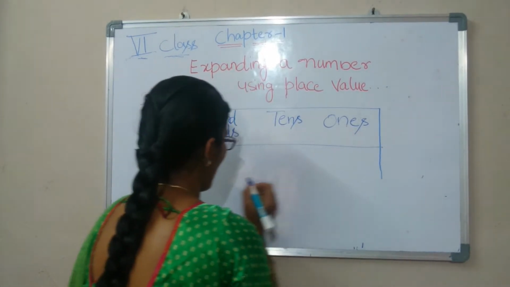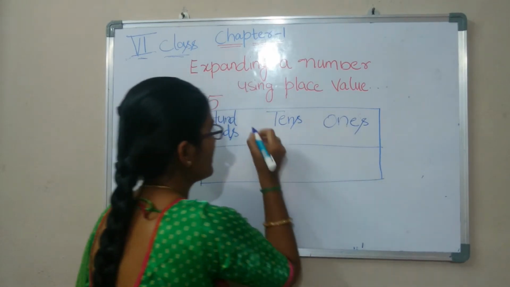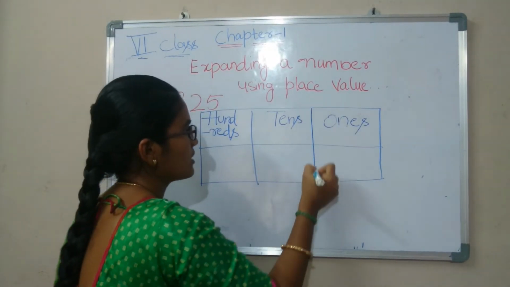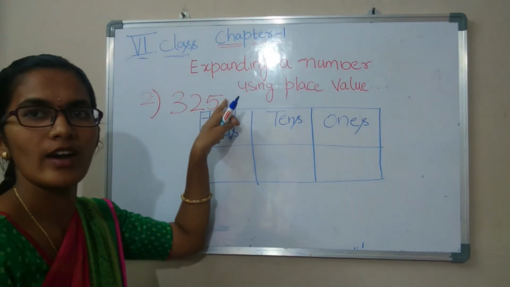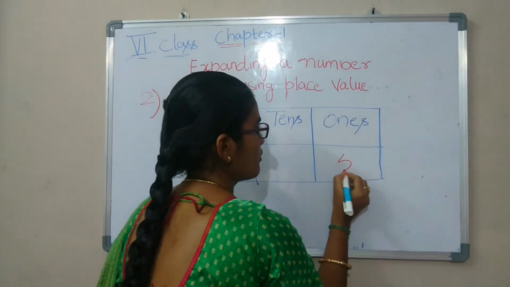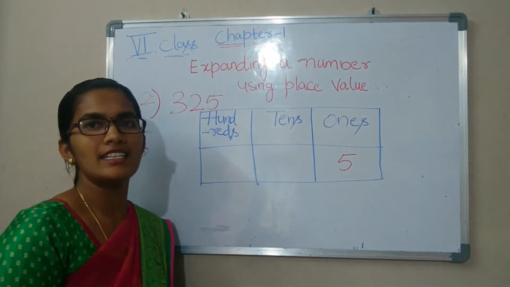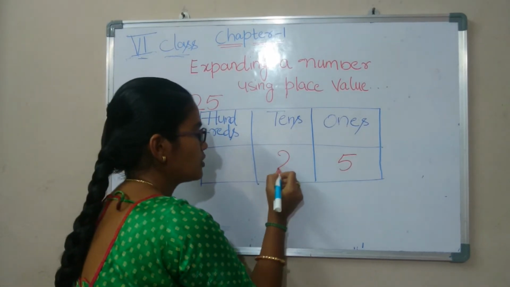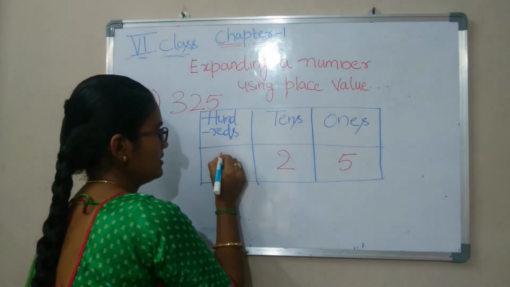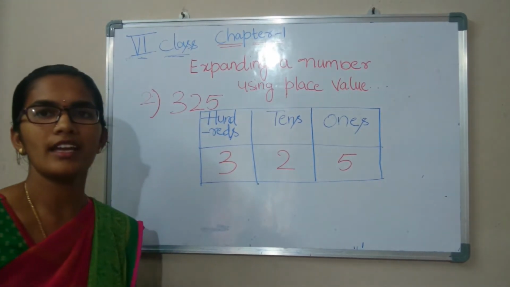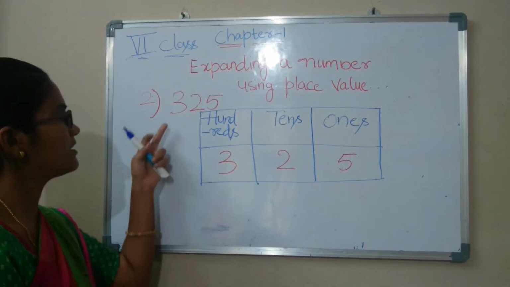In the ones place, we have the number 5. In the tens place, we have the number 2. In the hundreds place, we have the number 3.